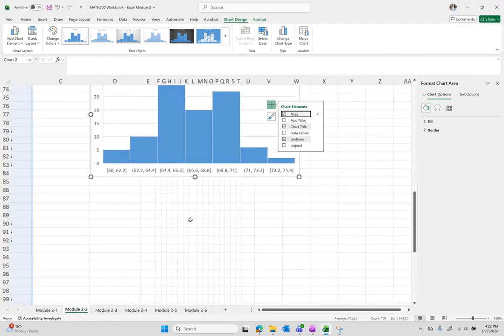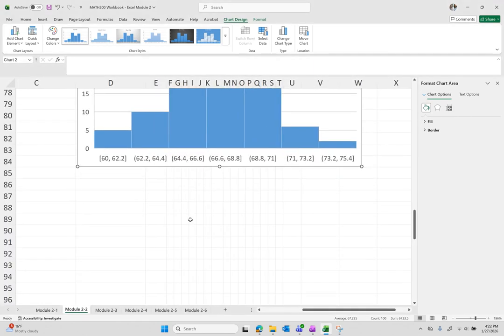Another problem here that occurs is interval notation in mathematics. So if you pay attention, the upper bound of every bin is equal to the lower bound of every other bin. And to avoid conflict, Excel uses interval notation.